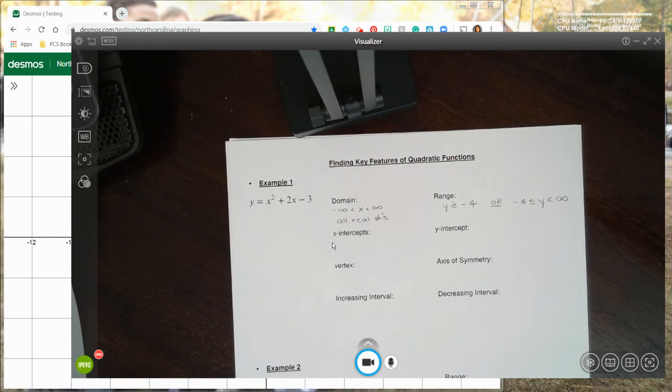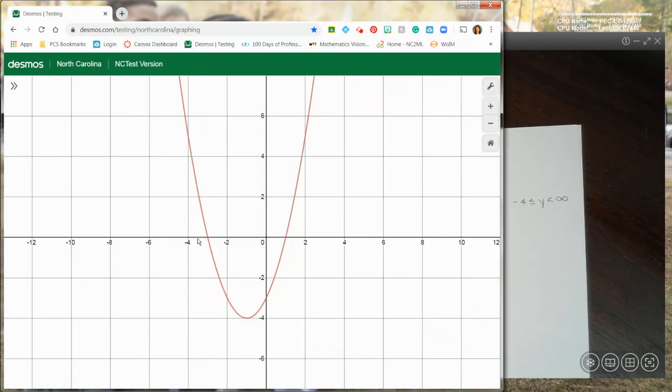X-intercepts, we talked about those in the end of our last part of Unit 4. The x-intercepts are also where we find our zeros or our roots. And the greatest part about Desmos is all I have to do is click and it will tell me the exact coordinates.